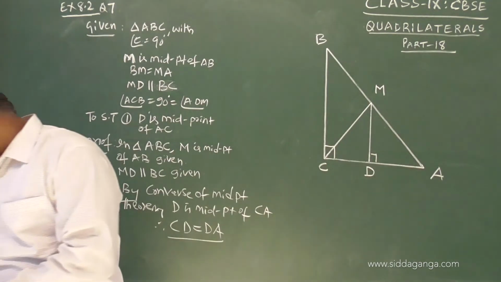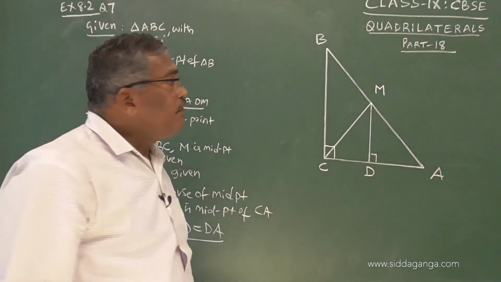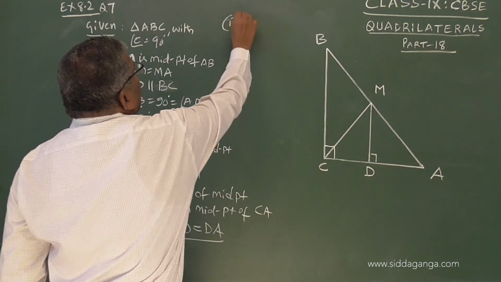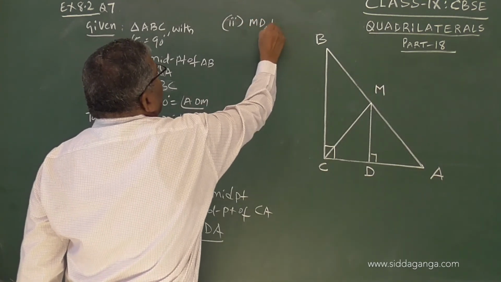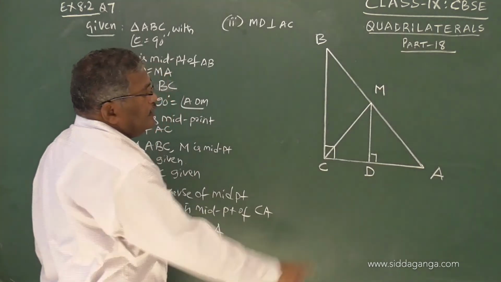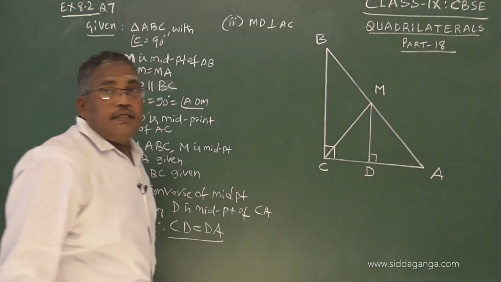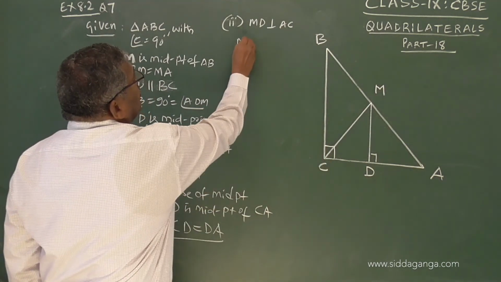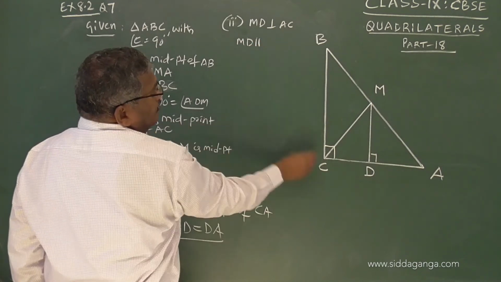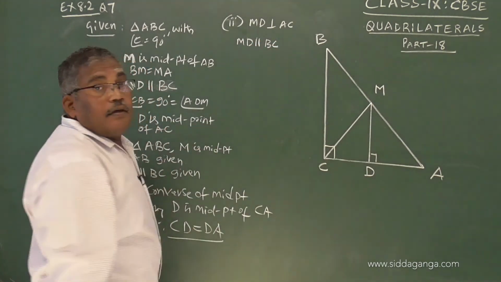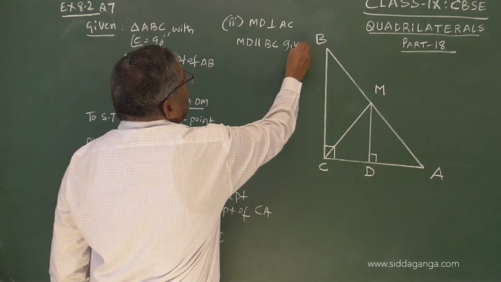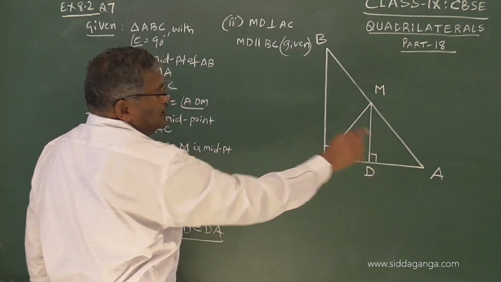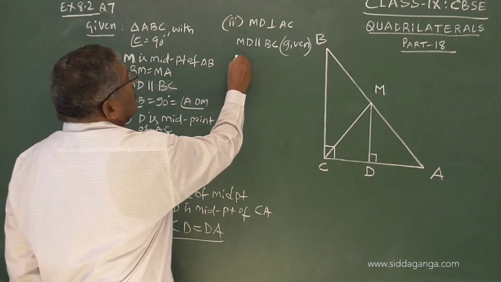So second, what they have asked, MD perpendicular to AC. Second sub question, to prove MD perpendicular to AC. So here MD parallel to BC, this is given, and consider CA as transversal.